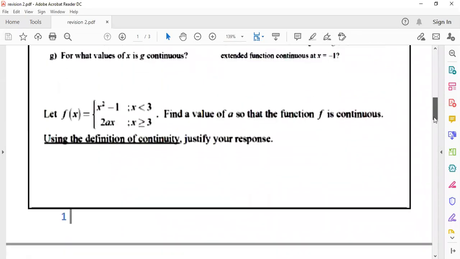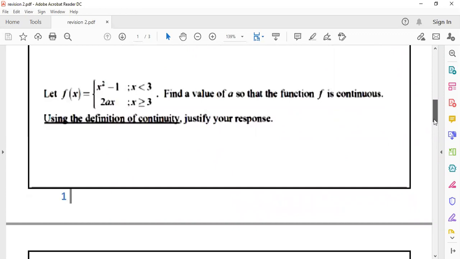Question number 2. Here he asks you, let f of x be a piecewise function which is defined by two rules, as you see. Look here. That is rule number 1: x squared minus 1 when x is less than 3.